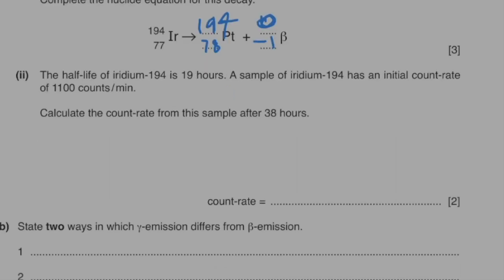The half-life of iridium-194 is 19 hours. A sample of iridium-194 has an initial count rate of 1100 counts per minute. Calculate the count rate from this sample after 38 hours. First we need to see how many half-lives have passed in 38 hours, which is 38 divided by 19, and that is 2 half-lives.